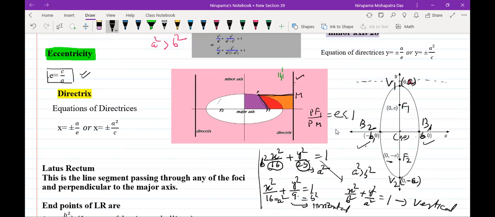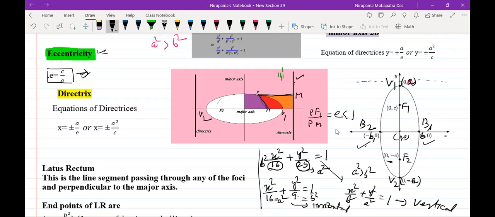Eccentricity is basically the ratio of the distances. Whenever you take any point, you may take it like this, that is the simple definition. So if you write PF1 to PV1.